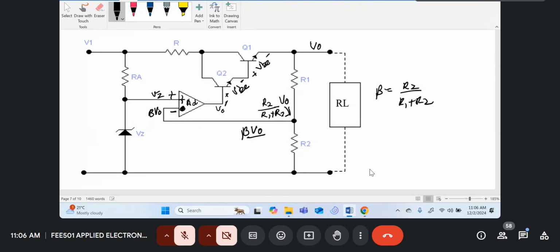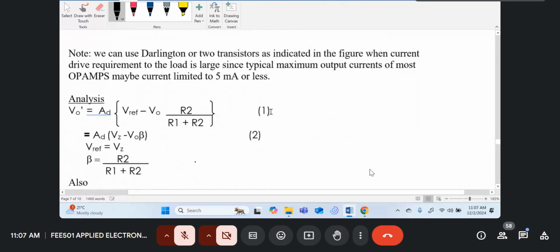So if we start at V naught, we climb through VB1, we climb again through VB2, and we get V naught dash. So we can write V naught plus VB1 plus VB2 is equal to V naught dash. If the transistors are the same silicon transistors, then you can just write V naught plus 2 VBE is equal to V naught dash. So that's what I've written over here.